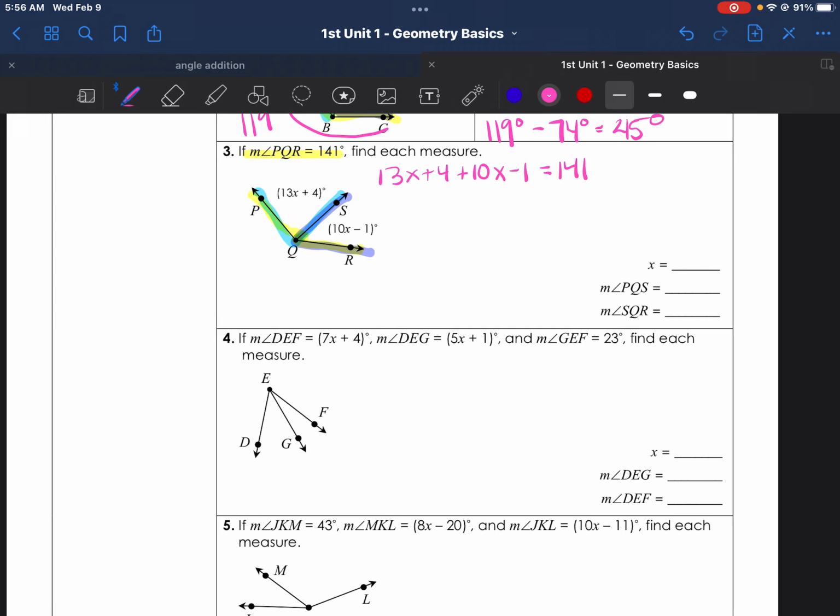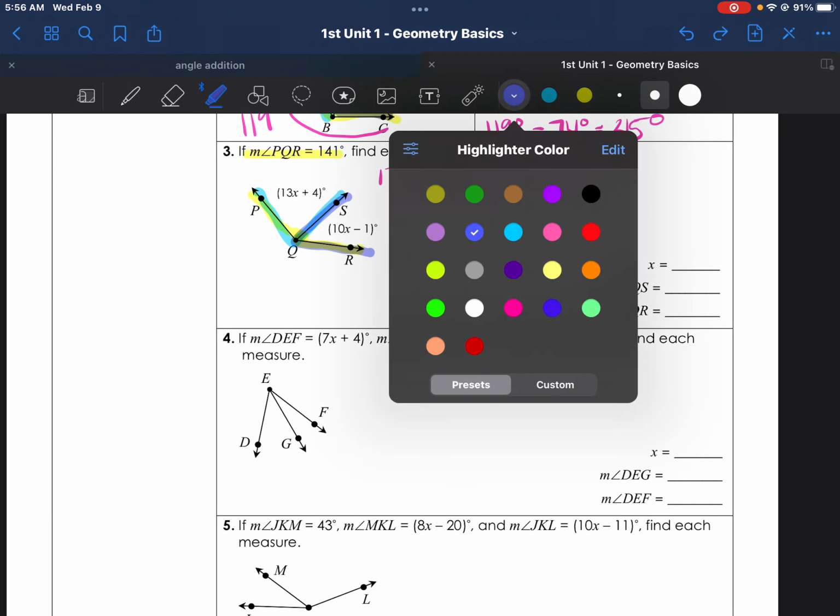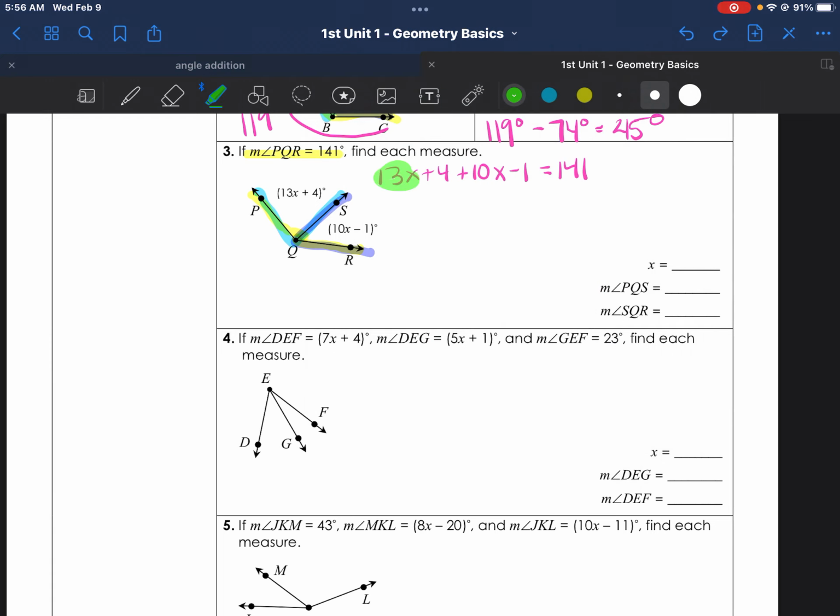So, before I continue, I want you to highlight your like terms. All right? So, I'm highlighting my x's in one color, and I'm going to highlight my numbers in another color.